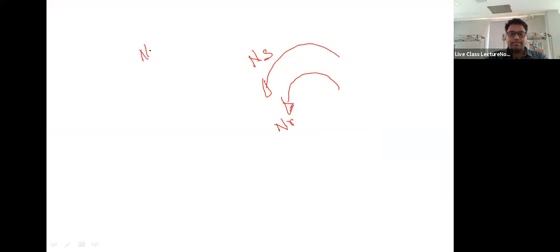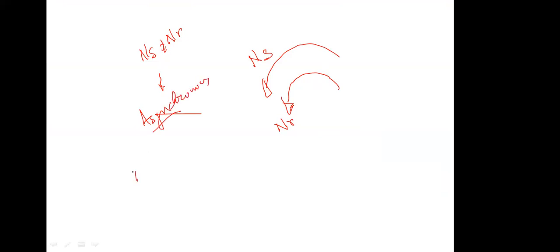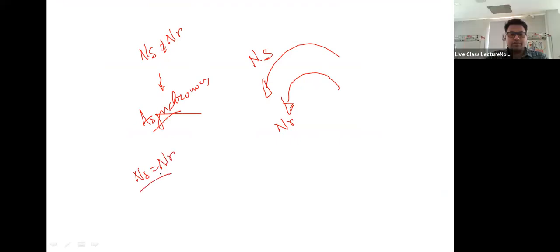If ns is not equal to nr, we call it asynchronous. If ns is equal to nr, we call it a synchronous motor.